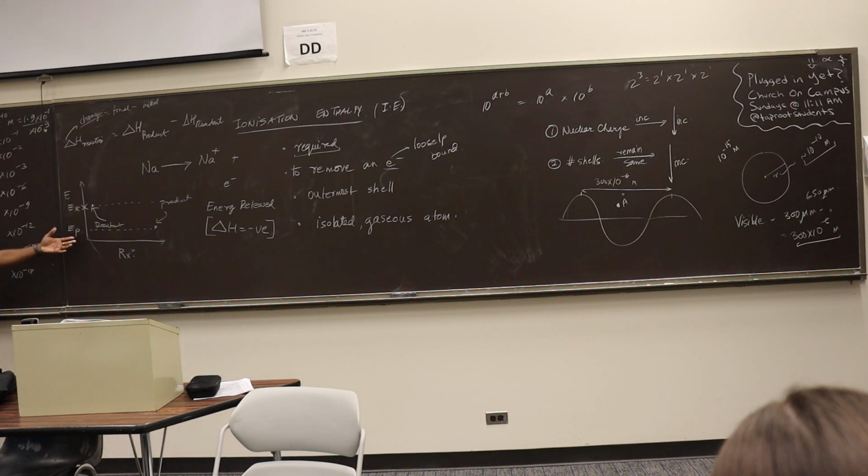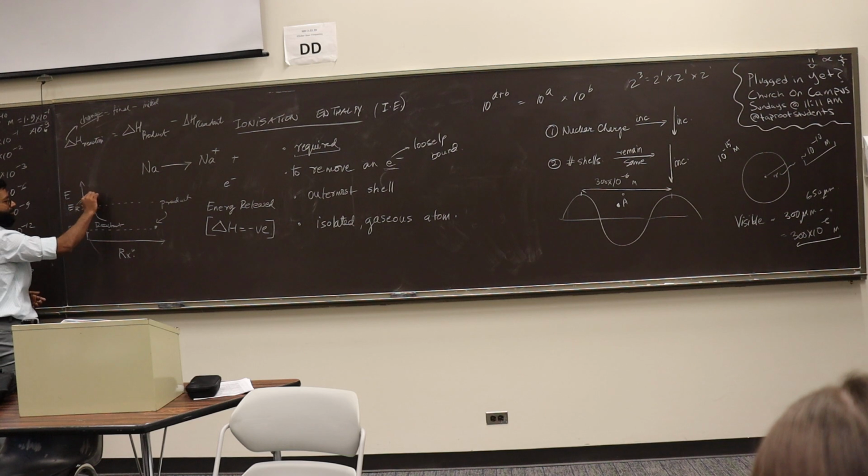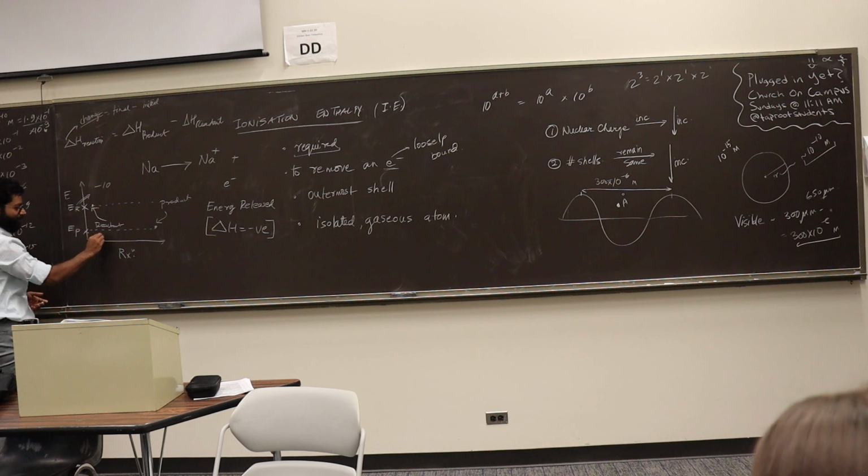Now, based on this, can you say what is going to be the delta H of this reaction? So ER, let's assume this is negative 10, and this went to negative 15.